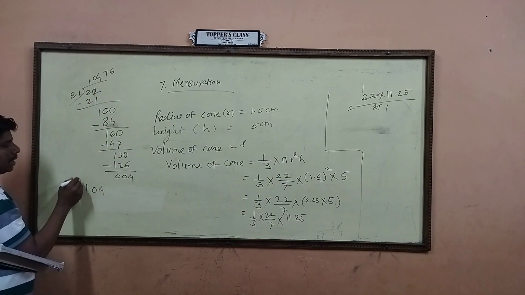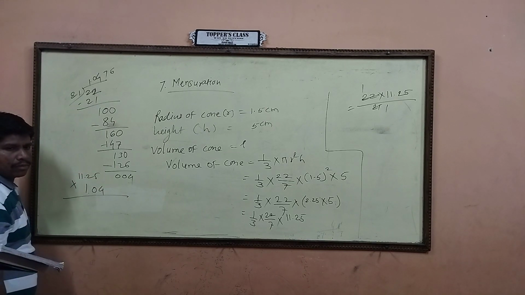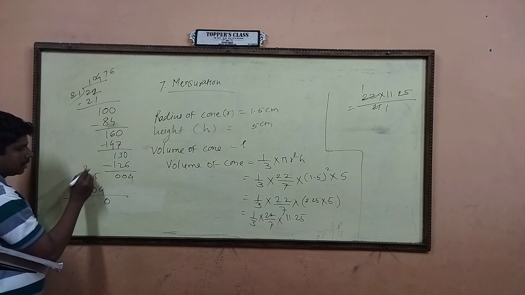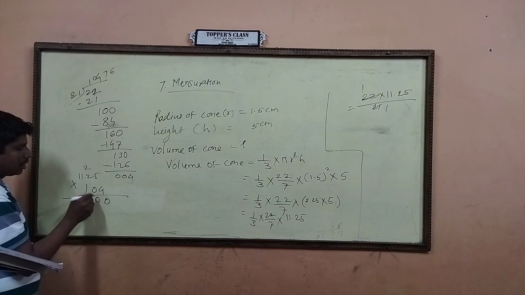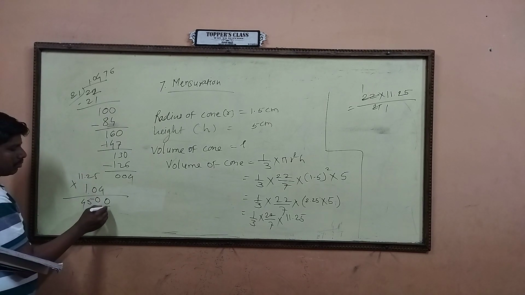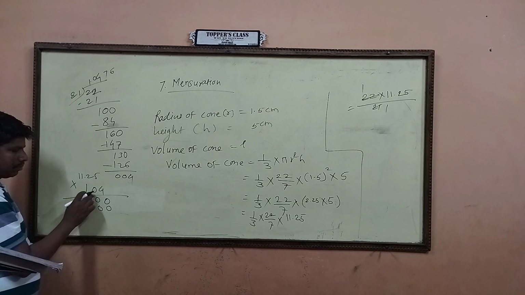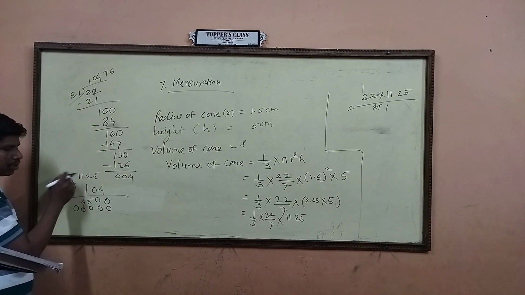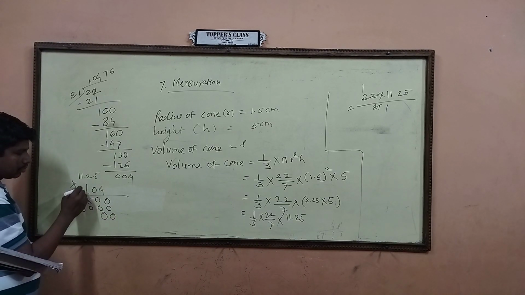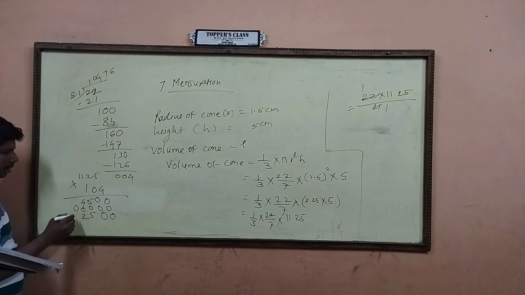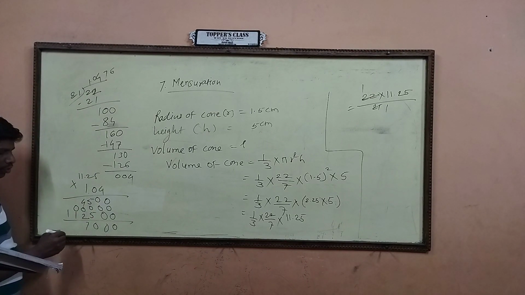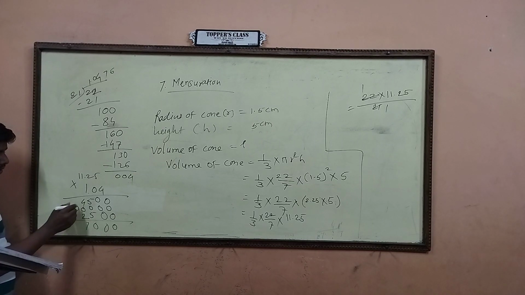Now when we write this directly, 1.04 multiplied by 11.25. Don't think about the decimal points; first do the multiplication. 4 fives are 20; 4 twos are 8 plus 2 is 10, carry 1; 4 ones are 4, plus 1 is 5. Then we put zeros for the place values, because the upper number has 5 digits. Then multiply and add: 5, 10, 7, 4 plus 2, 5, 6, 6 plus 1, 7, here 1.